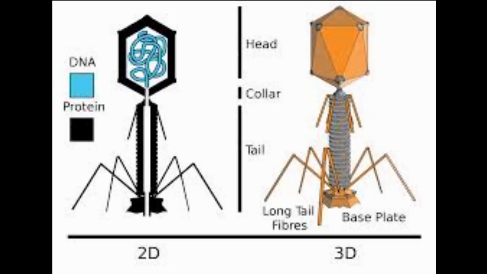In the 3D image, you can see now that the capsid is basically a protective coat around the DNA. So that's a 3D representation of the T4 phage virus that infects E. coli cells, bacterial cells. Not animal cells, it infects bacterial cells. But the same holds true for viruses that infect animal cells, including human cells.